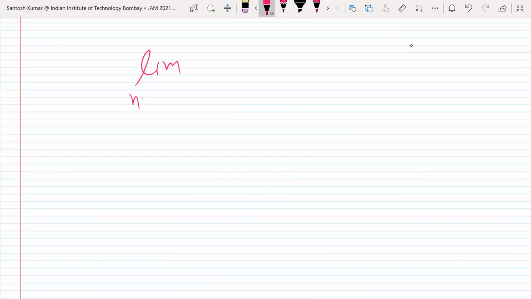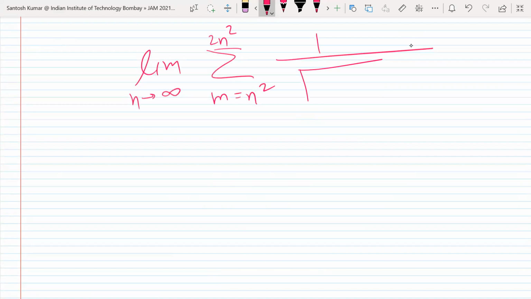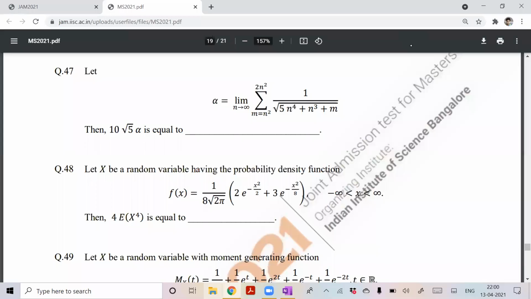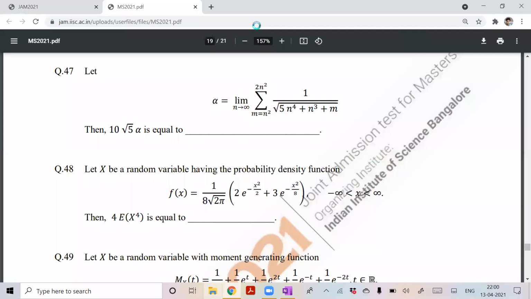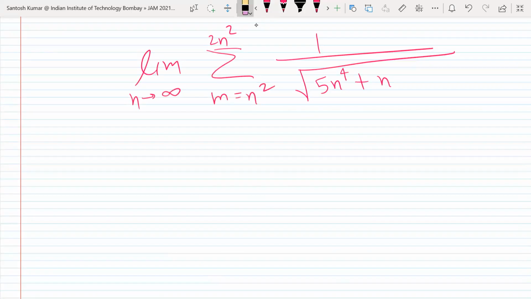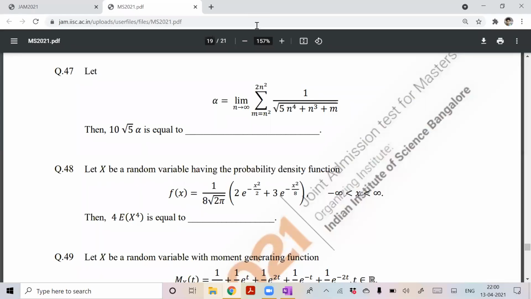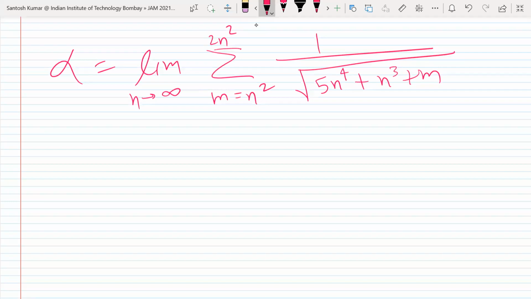Limit n tends to infinity, m is equal to n square to 2n square, 1 upon root under 5n4 plus n square plus n cube plus n. Okay. What is alpha? So what will be this limit?